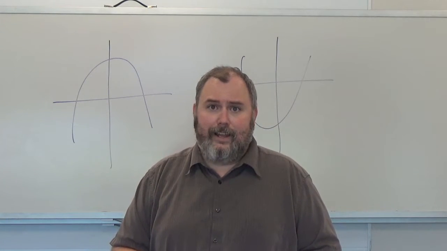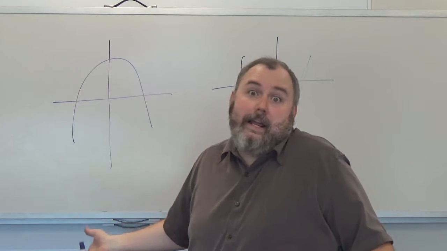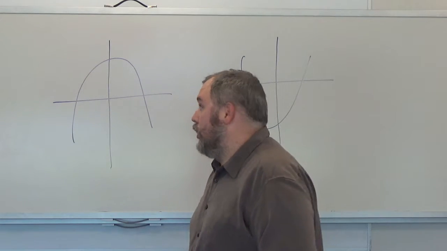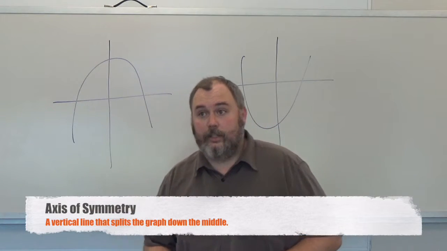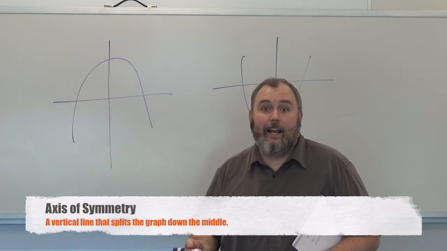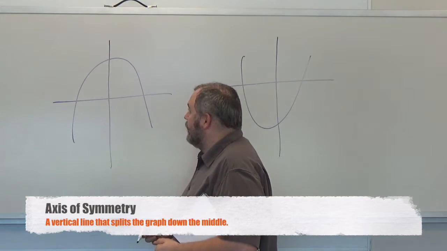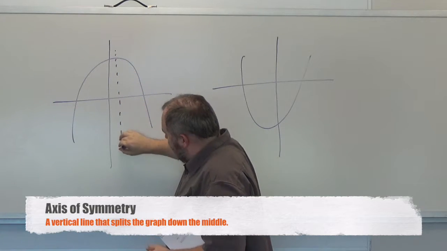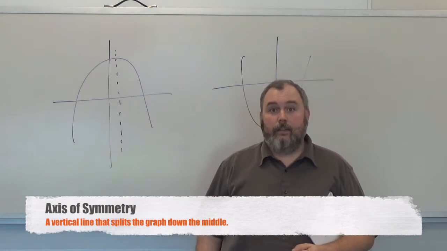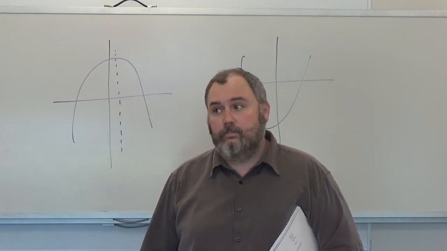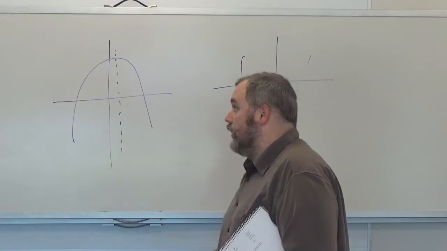So the graph of a quadratic equation looks like either a U or an upside down U. Alright, the first term that I want you to know is the axis of symmetry. It's basically a line that splits the graph down the middle. That's really all the axis of symmetry is.